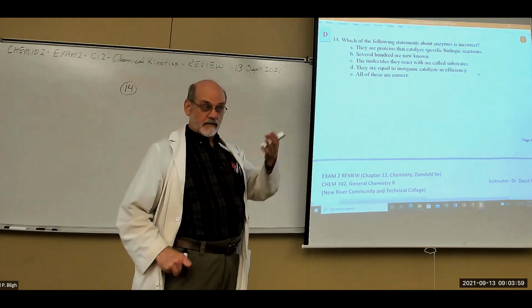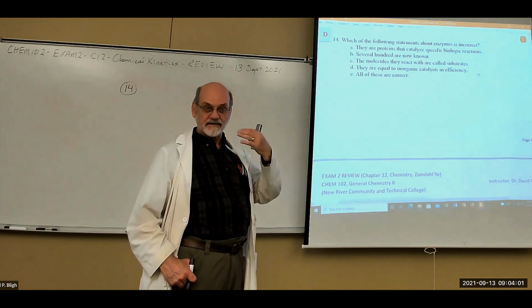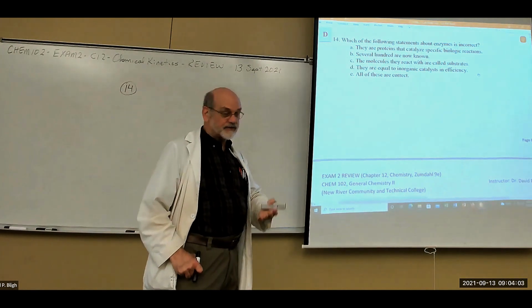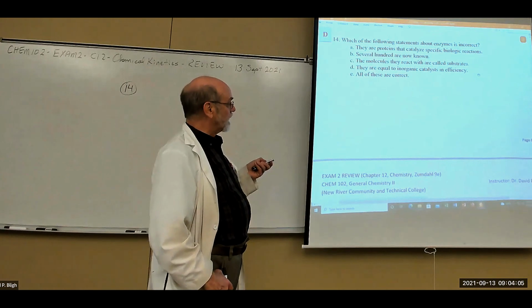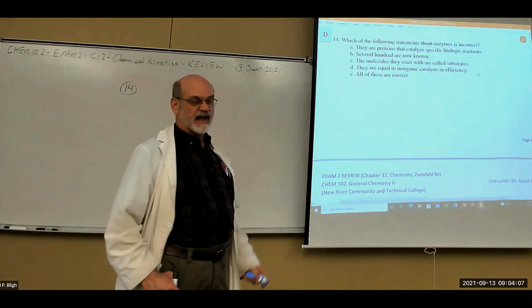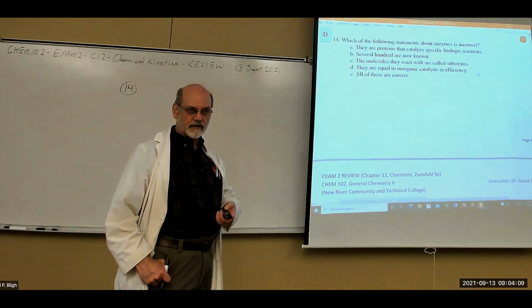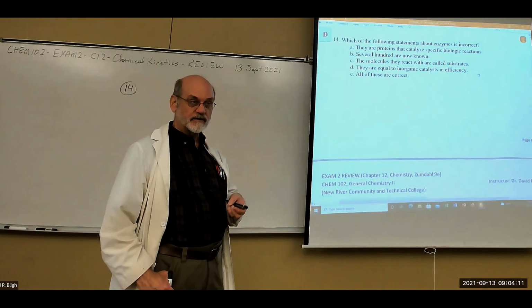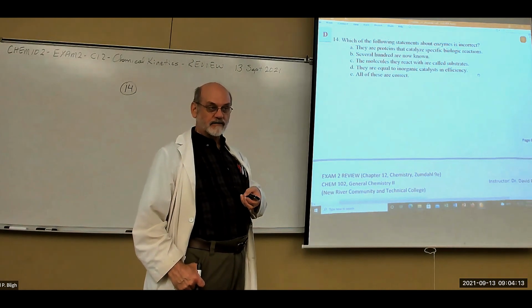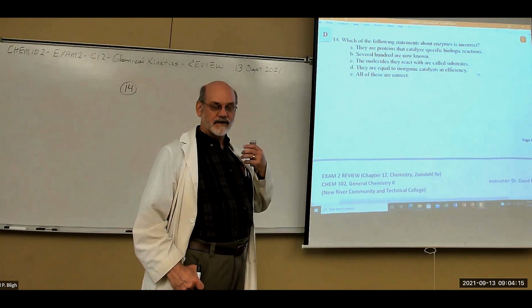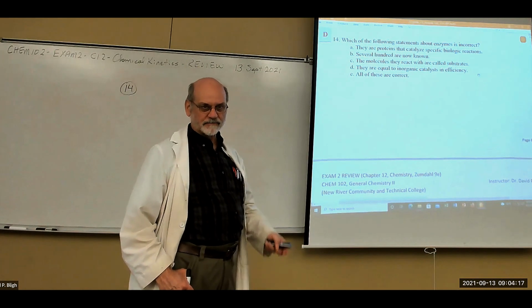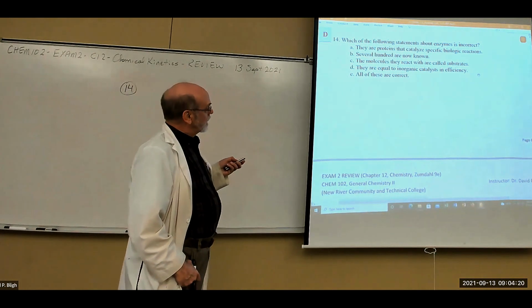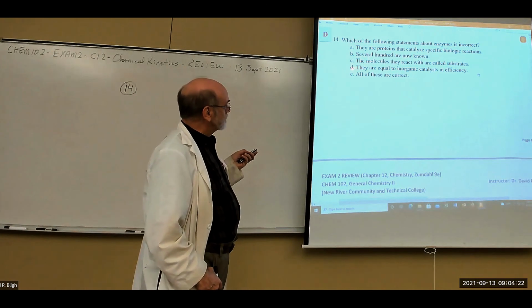I mean, that's better than the non-catalyzed reaction, but it's still not as good as enzymes. Some enzymes are 90%. If you get an enzyme in that solution, it's going to produce a reaction almost every time it encounters a substrate. So D is the incorrect one.